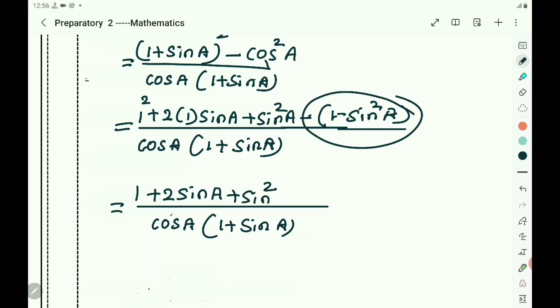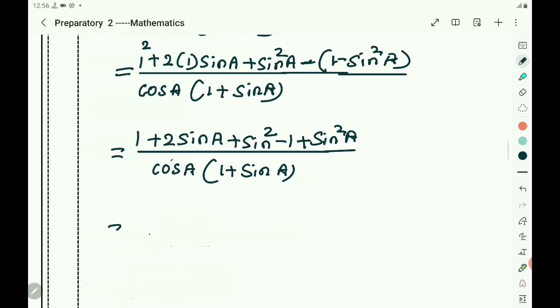Here you open the bracket. Minus of 1 is minus 1, minus of minus is plus sin square A, equals.